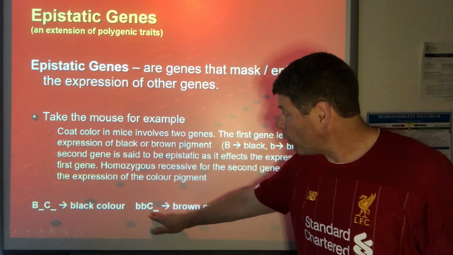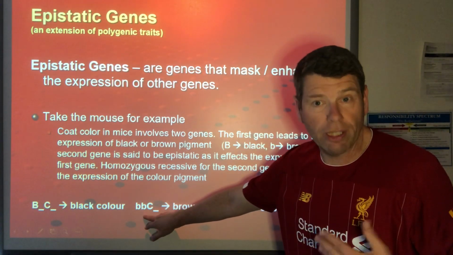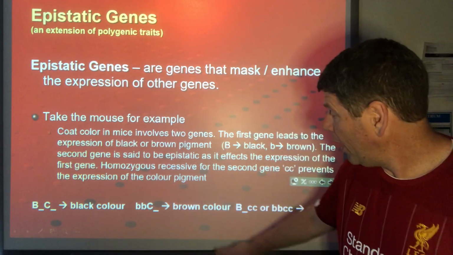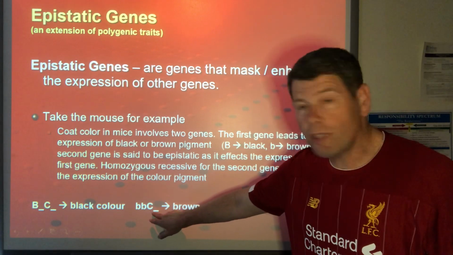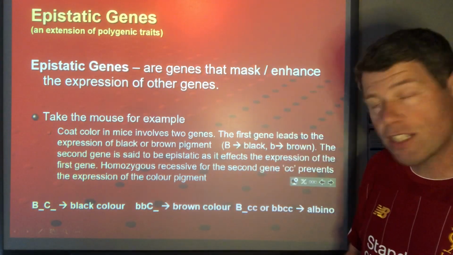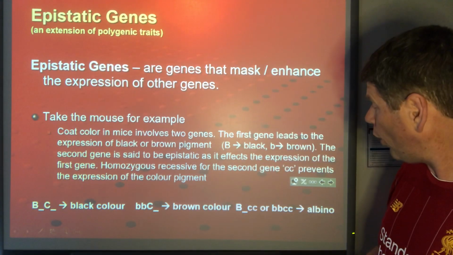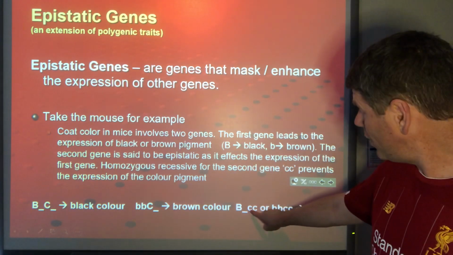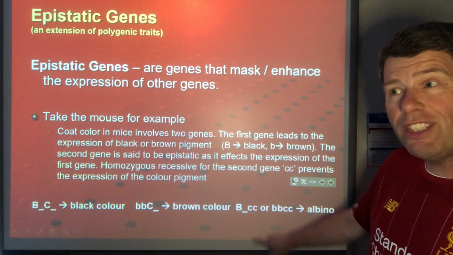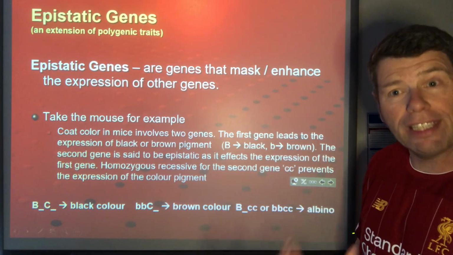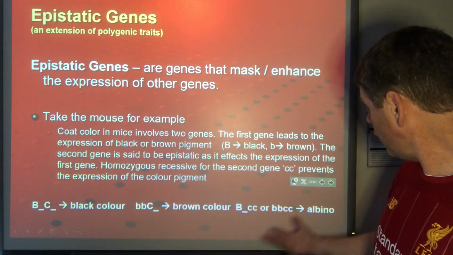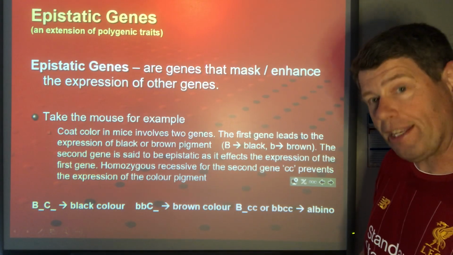The second scenario is we're homozygous recessive for the little b, which is the brown allele, and we still see a big C. So yes, we're going to see color, and in this case, it's going to be brown. Or it doesn't matter what B alleles we have. If we see two little c's, we don't have the dominant color allele, so we don't see the color expressed. And in this case, we would have white or albino mice.